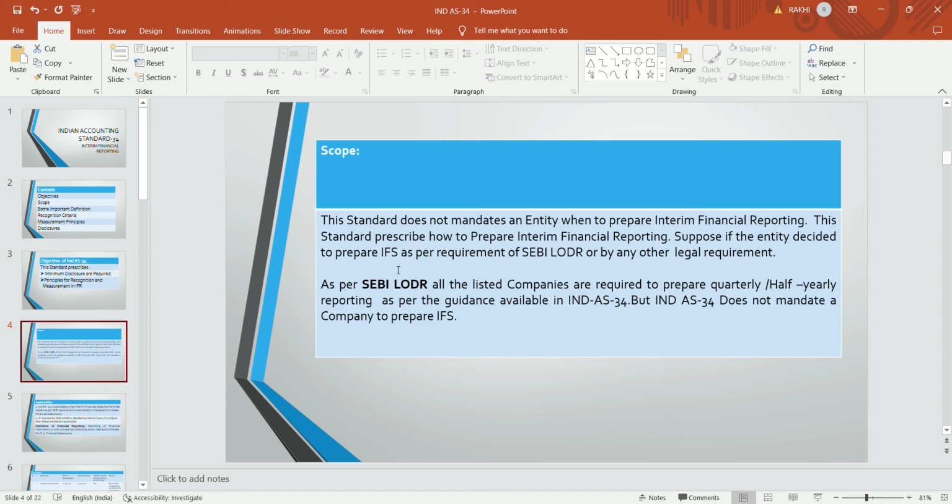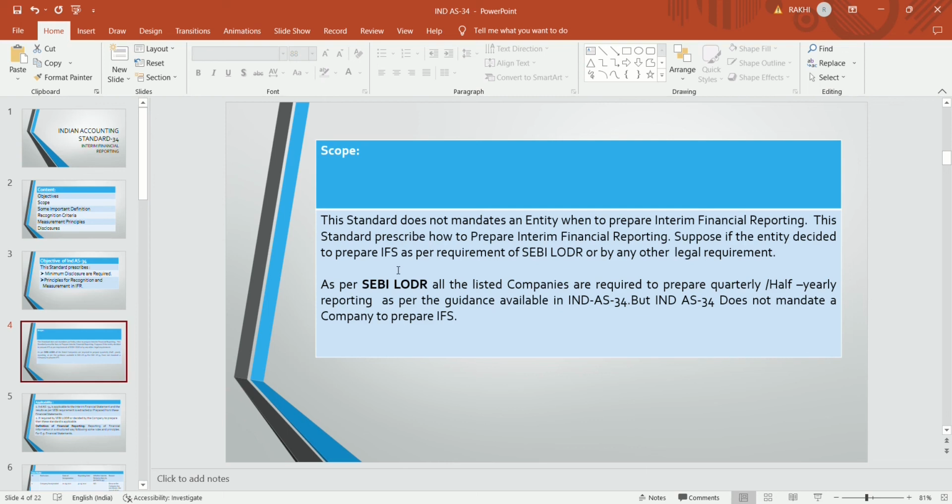This standard does not prescribe that IFR is required to be prepared, but it prescribes how IFR is prepared if it is required by any other laws or statutes. Like if there is a requirement of SEBI LODR to prepare interim financial reports, then this standard helps the entity to prepare the IFR.